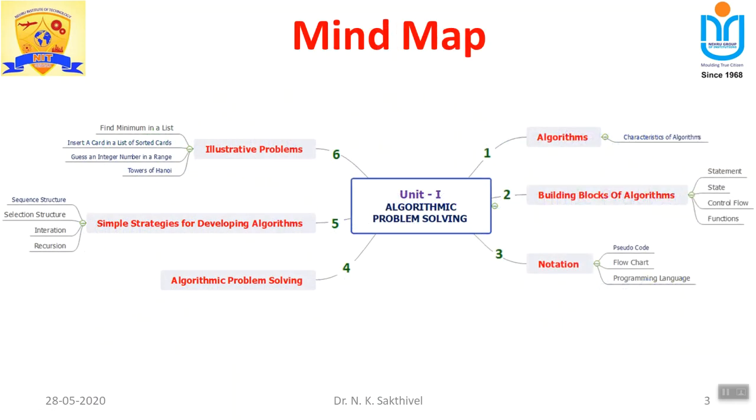Before going to what algorithms are, this is the mind map of the first unit. The learners can understand what topics and technologies we are focusing on here. The first unit, as you know, is algorithmic problem solving.